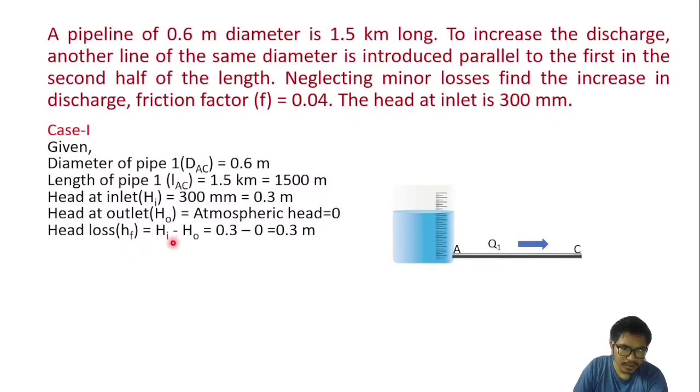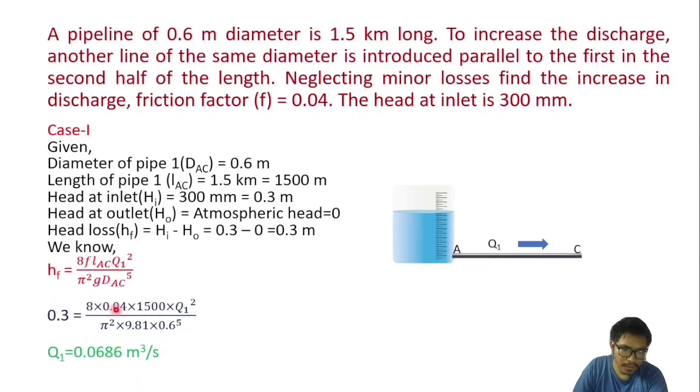Head loss is inlet head minus outlet head, that is 0.3 minus 0 gives 0.3 meter. So by using this formula we can calculate Q1. Head loss is 0.3 meter, F is 0.04, the length of this AC is 1500, Q1 we have to calculate, and the diameter is 0.6.